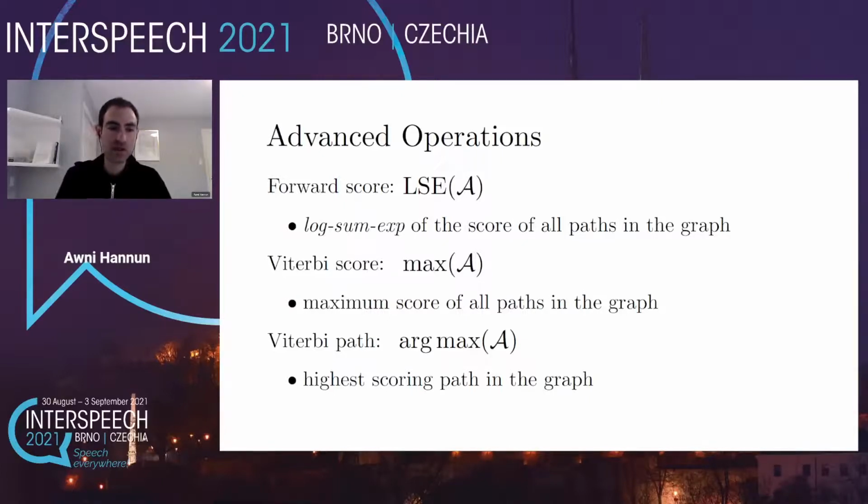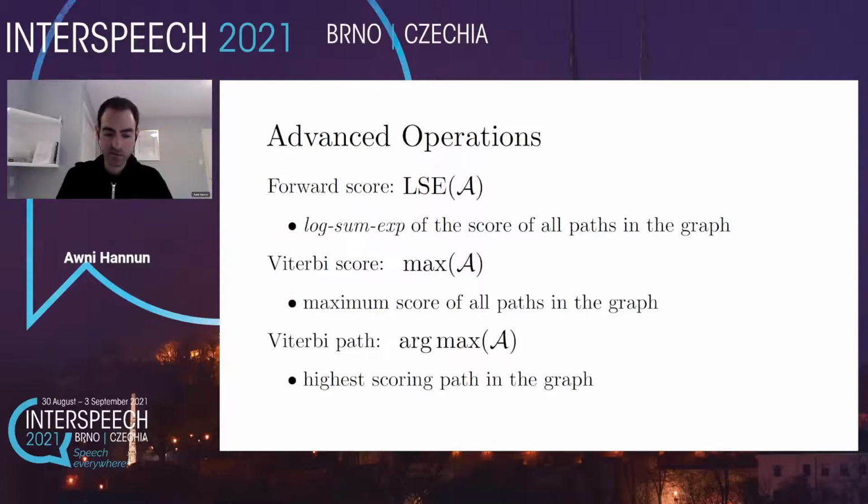We're not going to use the graph terminology. We're going to use the speech recognition terminology. The graph terminology is usually reserved for when one wants to do more general things with graphs. But in our case, we're always going to do either the forward score, the Viterbi score, or the Viterbi path. So we're just going to use those three names for the operations.